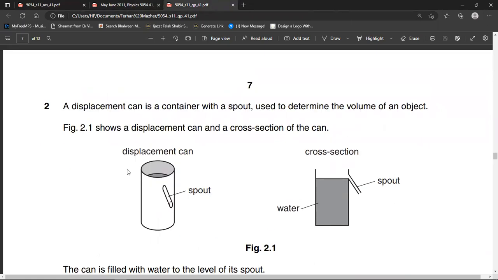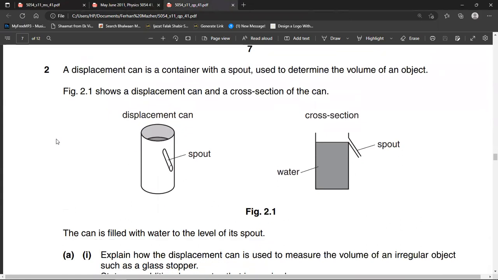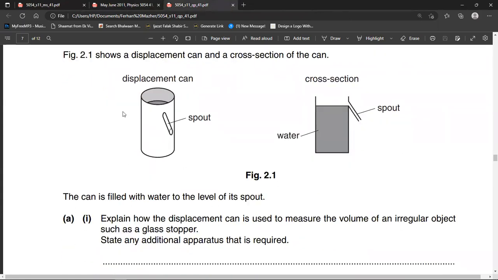Okay, so now we are on the next question. The next question is question number 2. It says a displacement can is a container with a spout used to determine the volume of an object. Figure 2.1 shows a displacement can and a cross-section of the can. So this is your displacement can, and this is the spout.